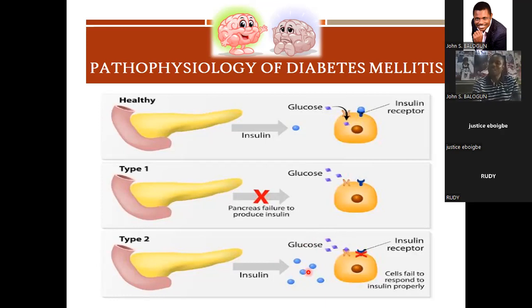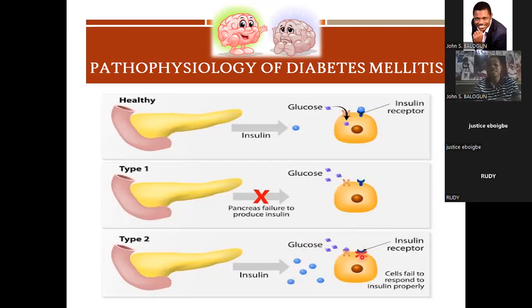And there is enough glucose in the blood. But there's a problem with the receptor, the cell receptor, the tissue receptor, so that insulin cannot bind normally to the receptor. Because insulin cannot bind to the receptor, there is now what we call insulin resistance.